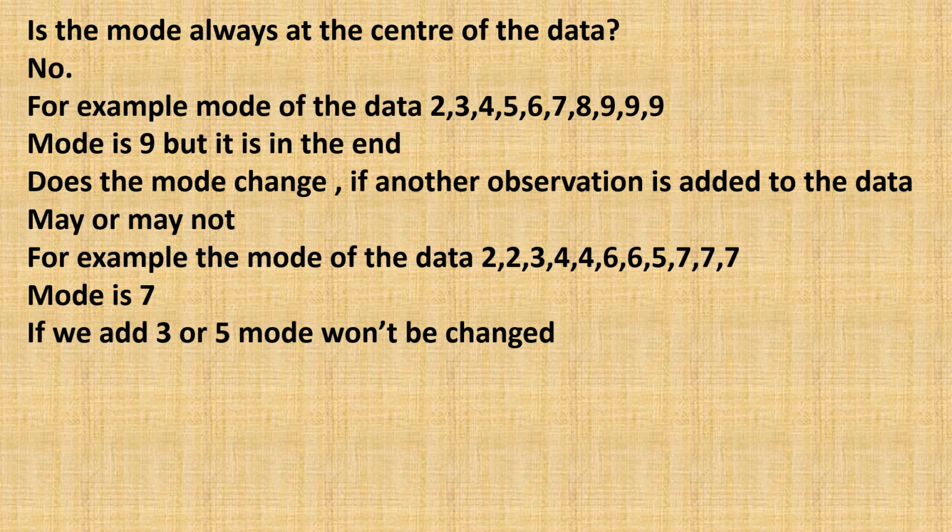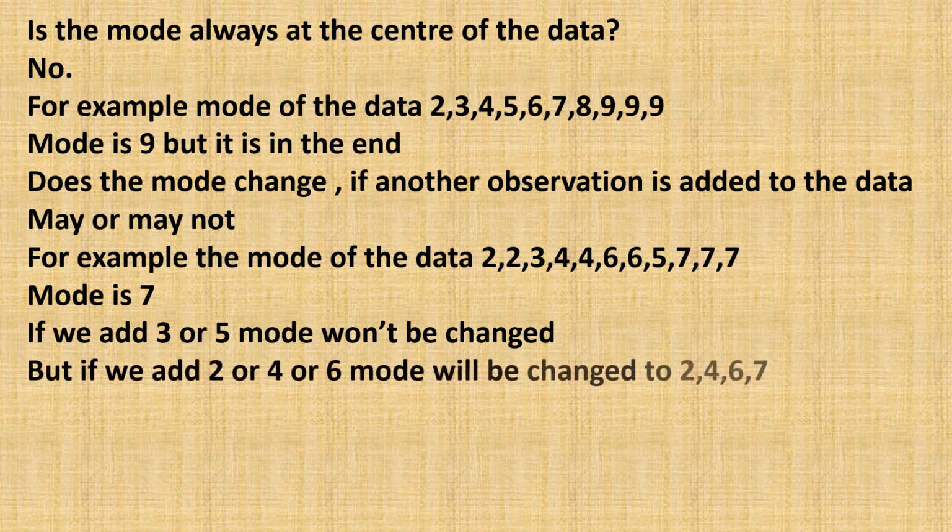But if we add 2 or 4 or 6, the mode will change, because then 2, 4 and 6 each occur 3 times, and 7 also occurs 3 times. The mode was affected; it changed to 2, 4, 6, 7. So the mode may or may not change if an observation is added to the data.